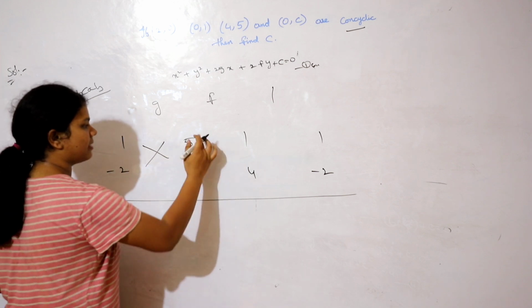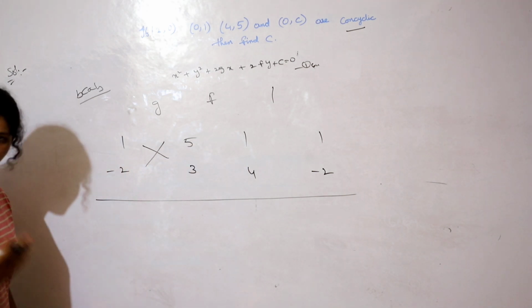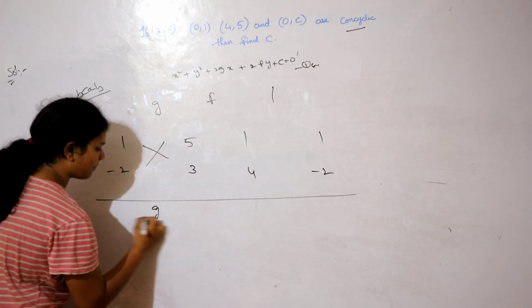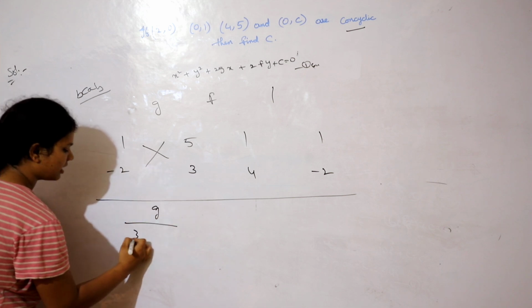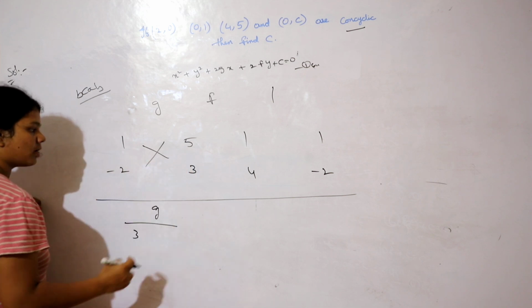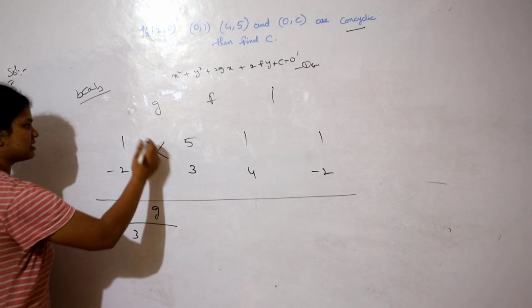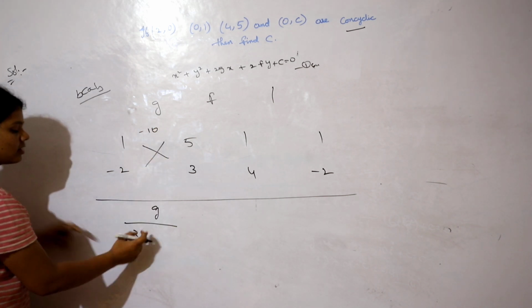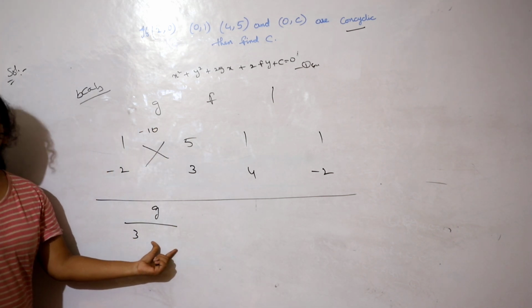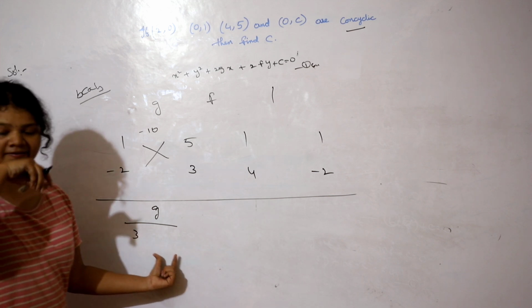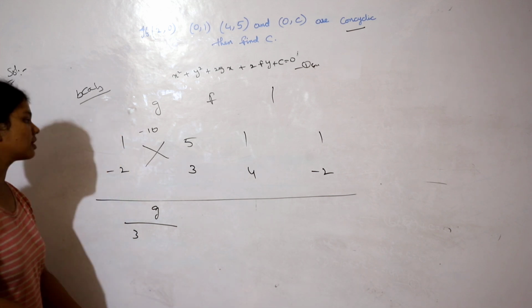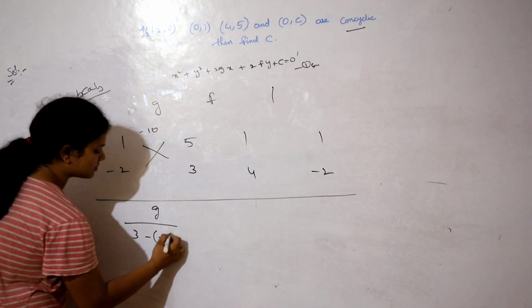Just make a cross multiplication. So this is nothing but g upon 3 times 1, 3. 2 5s are 10, right? So this is nothing but minus 2 into 5 is minus 10. But here in the given question, the minus already exists, so minus into minus 10 becomes plus 10.